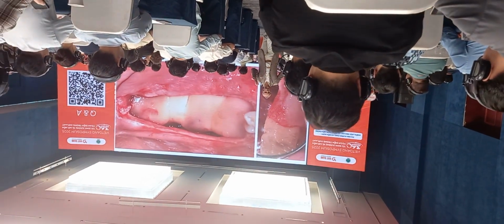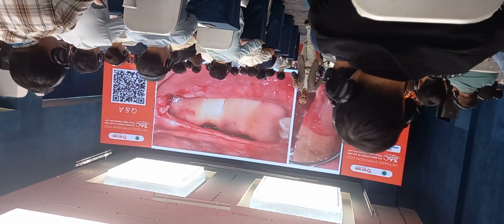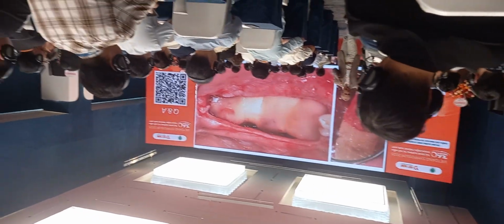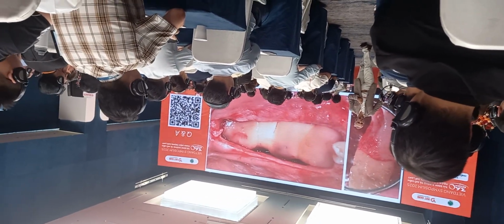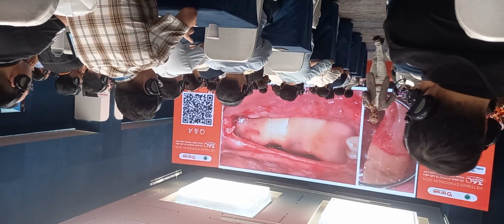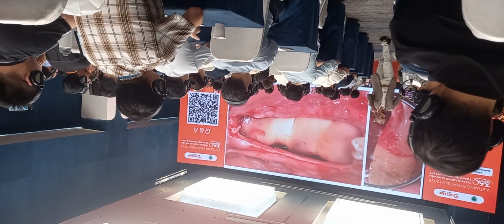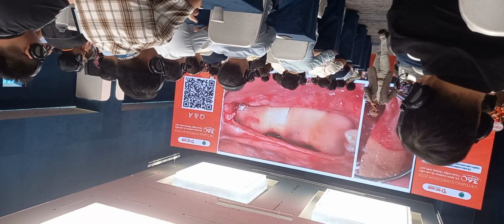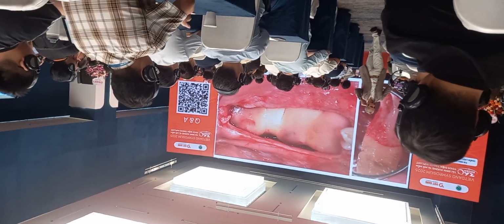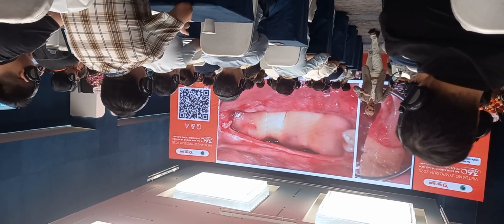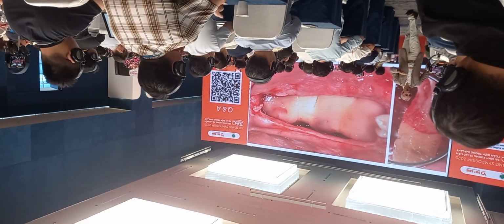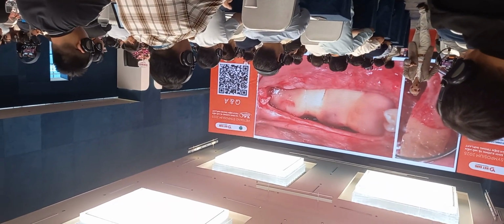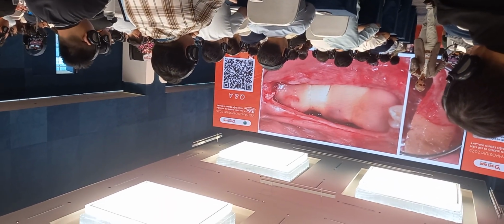We could regenerate the bone even if we don't have the residual bone peak. But, and this is the different point of view, the surgical predictability would be very low, because the risk of complication and infection would be very high.